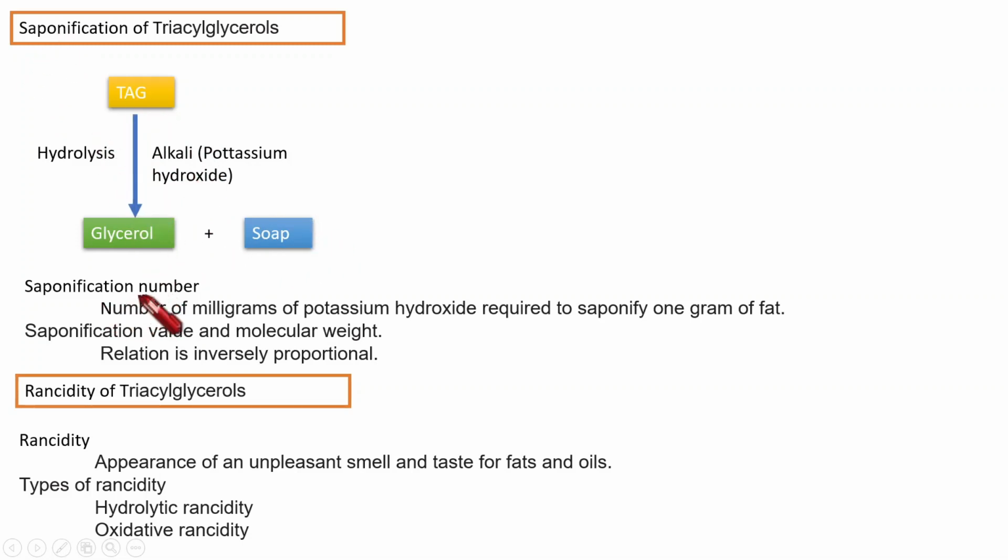Then what is the saponification number? Saponification number means the milligrams of potassium hydroxide, which we know is an alkali, required to saponify 1 gram of fat. That value is the saponification number.